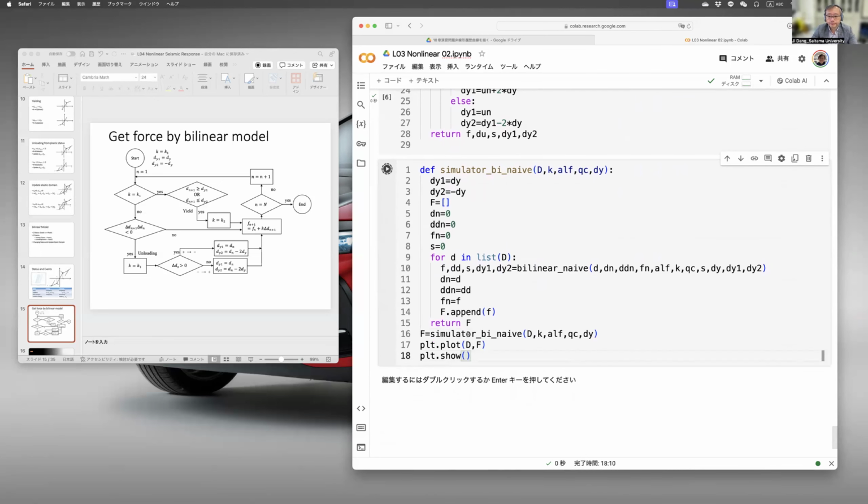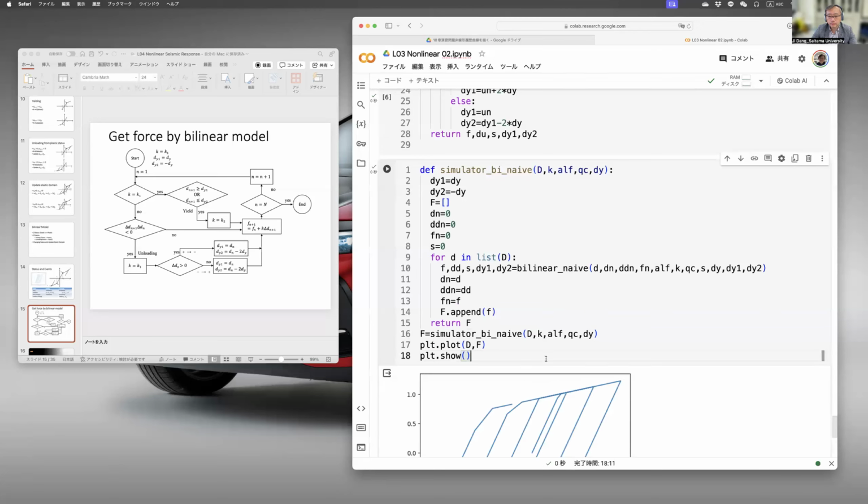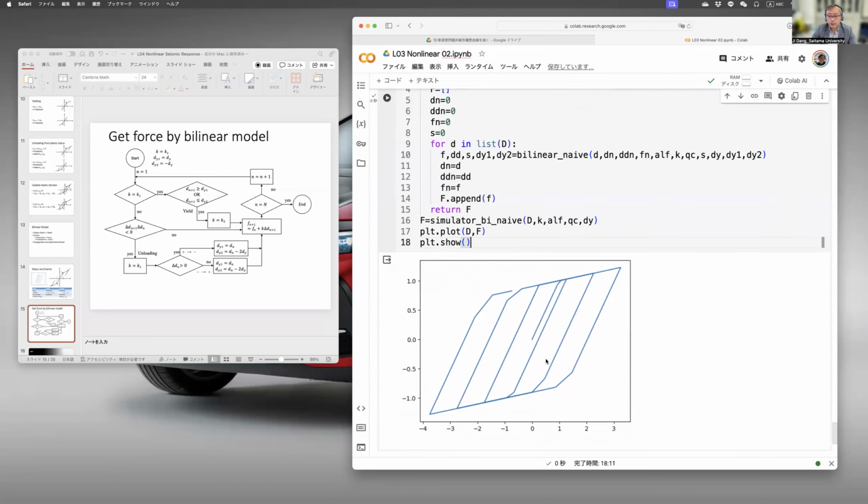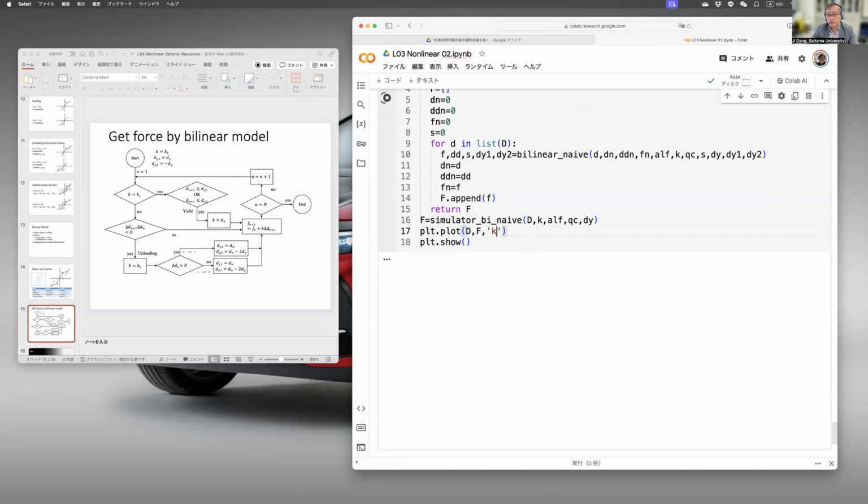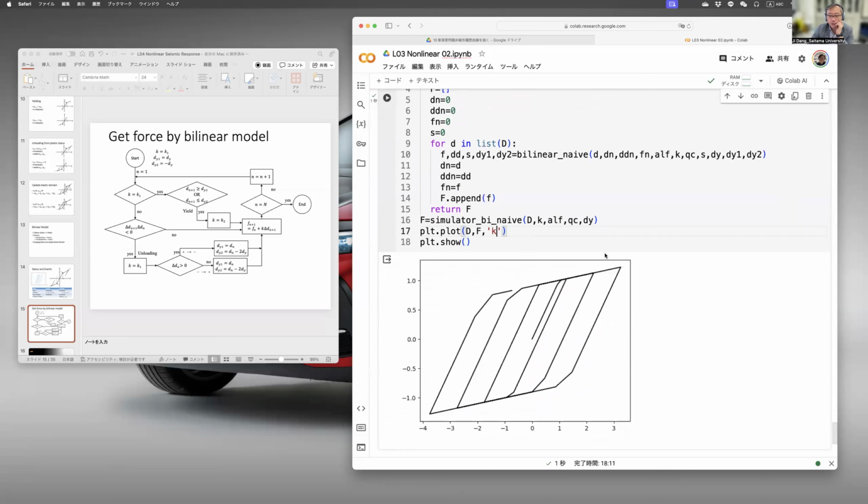Okay, so we can get the force model, but let me try to make them black color. Makes it cooler. Okay, something like this.